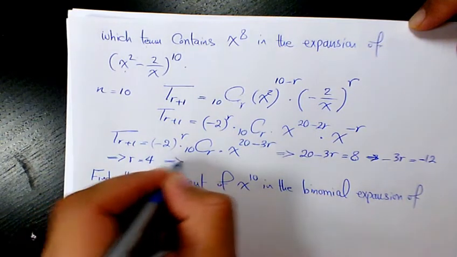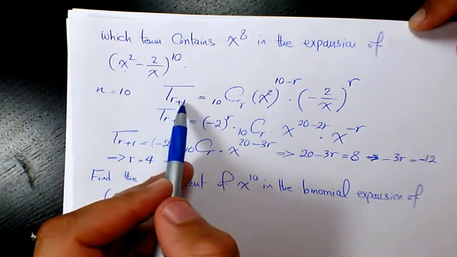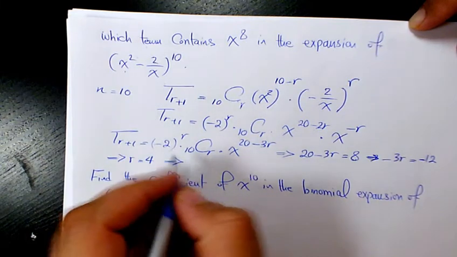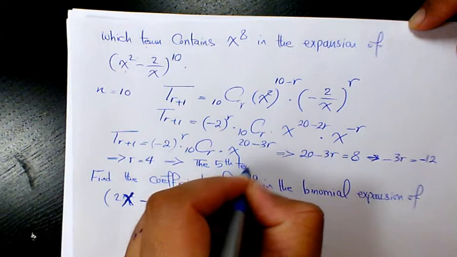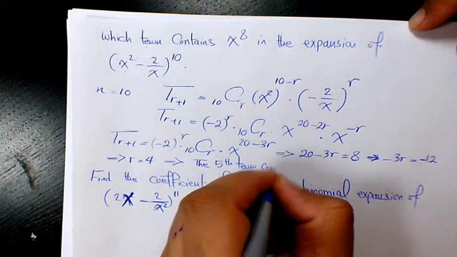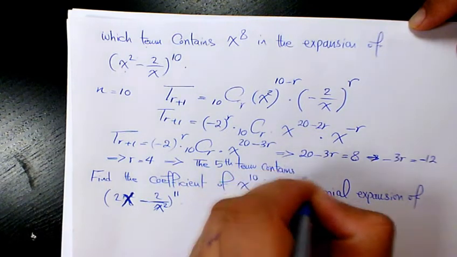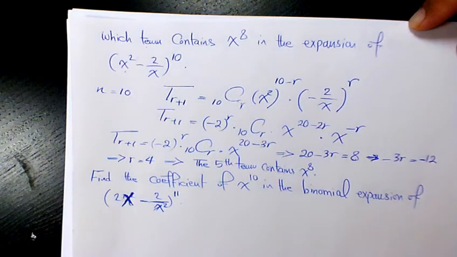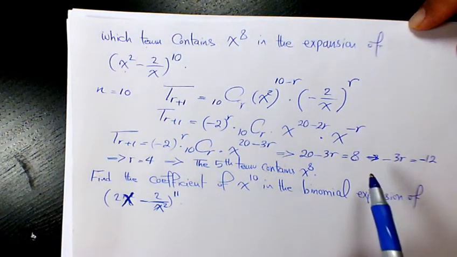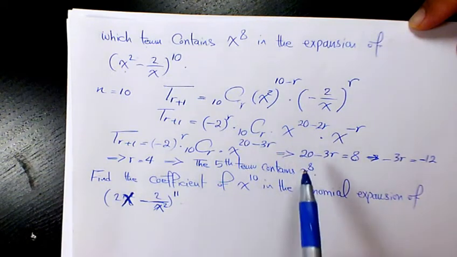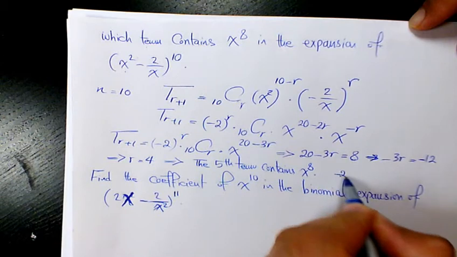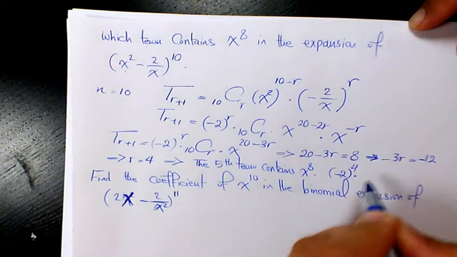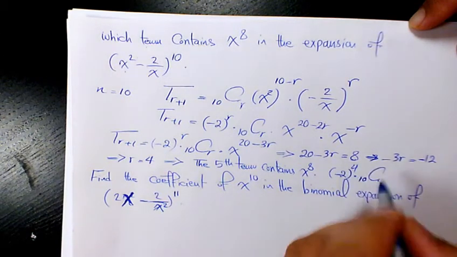It means that we are dealing with the fifth term. So the fifth term contains x to the power of 8. So that's going to be the answer. And the coefficient is going to be negative 2 to the power of 4, 10 C4.